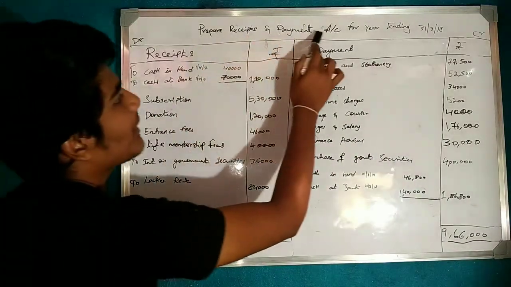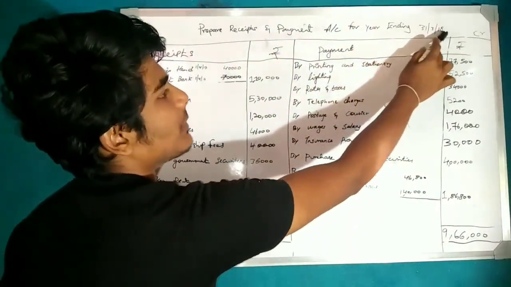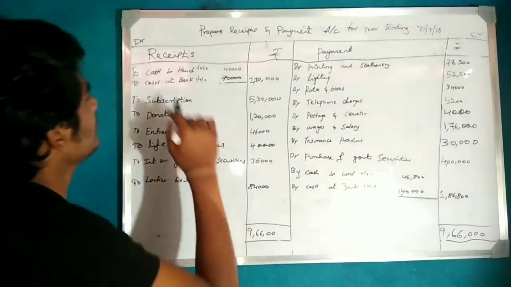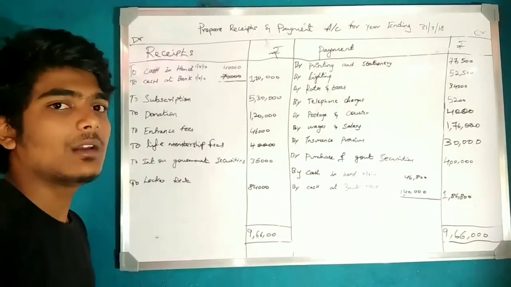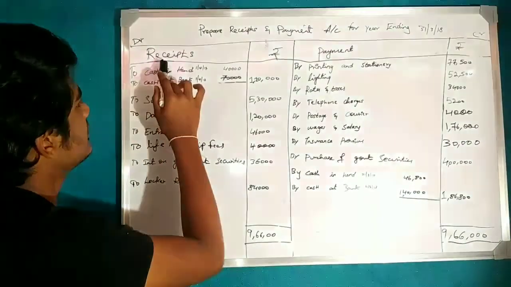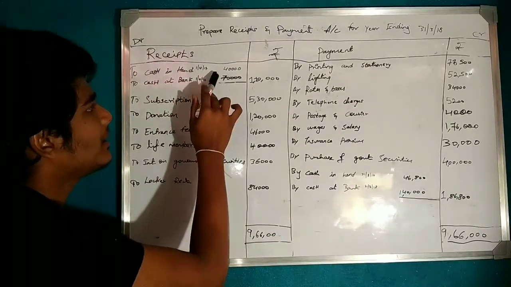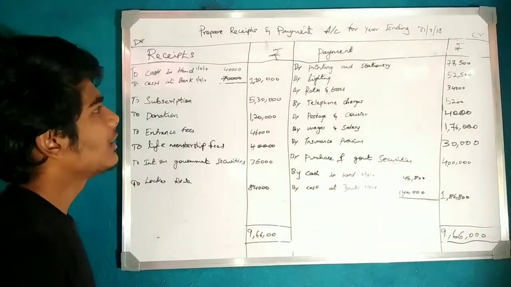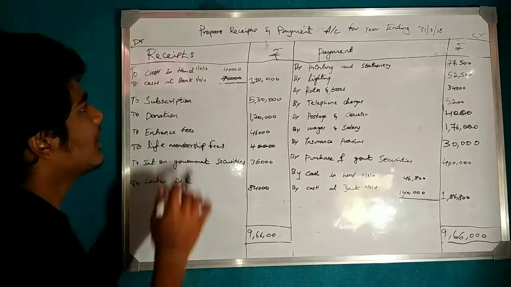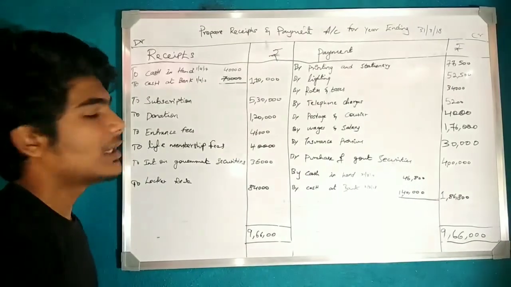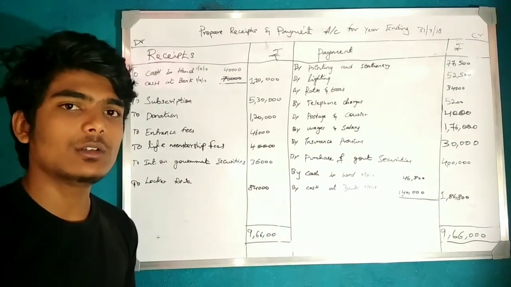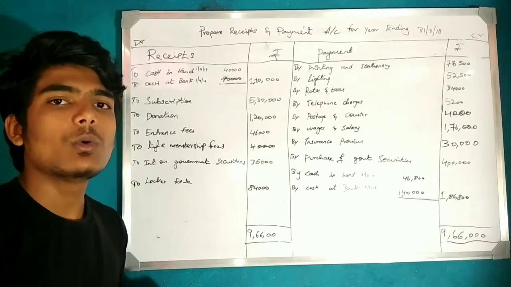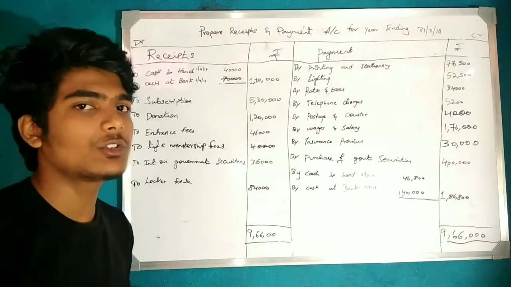Prepare receipts and payment account for the year ending 31st March 2018. First, let's see the debit side, which is receipts. To cash in hand as on 1/4/17, to cash at bank as on 1/4/17. It's an opening balance. What is the financial year? It starts from 1/4 and ends on 31st March.